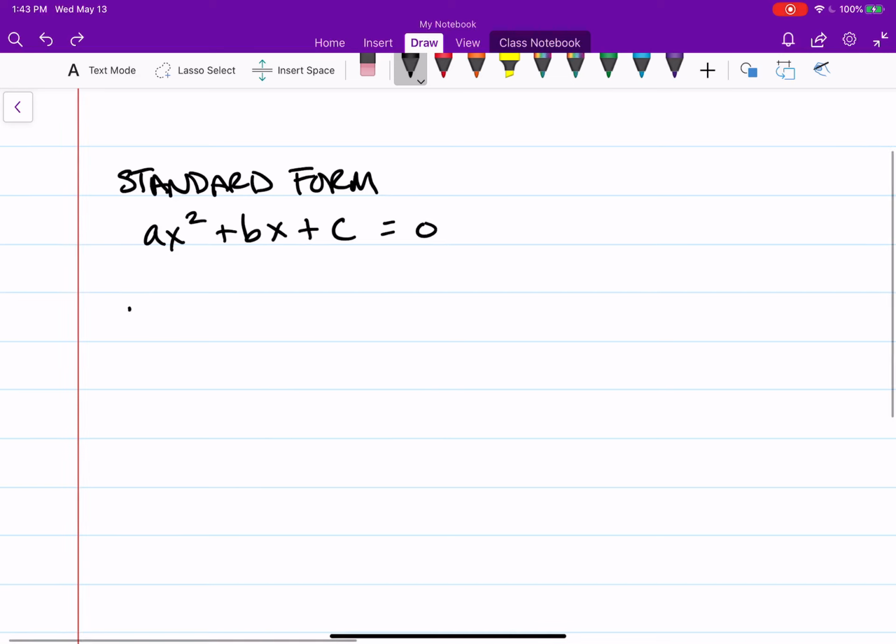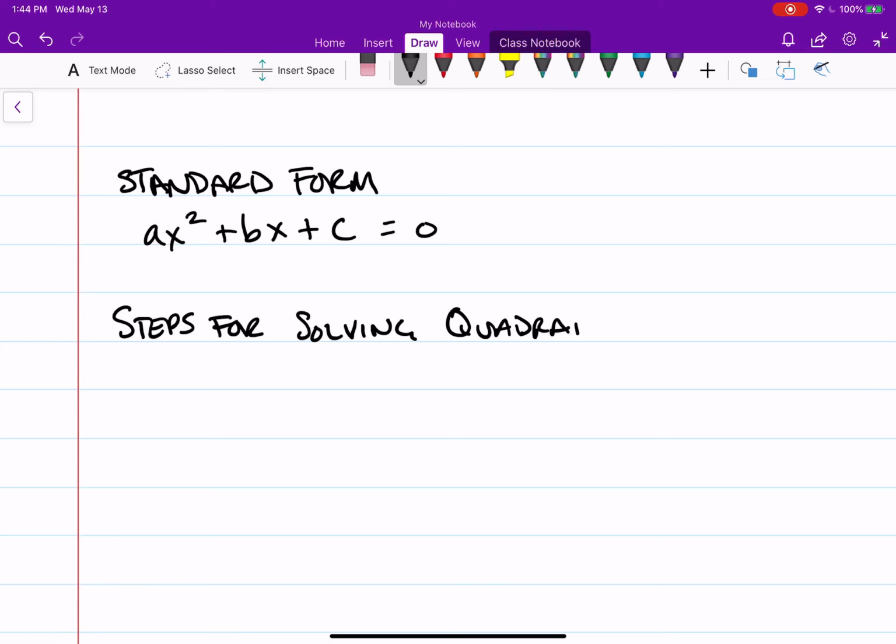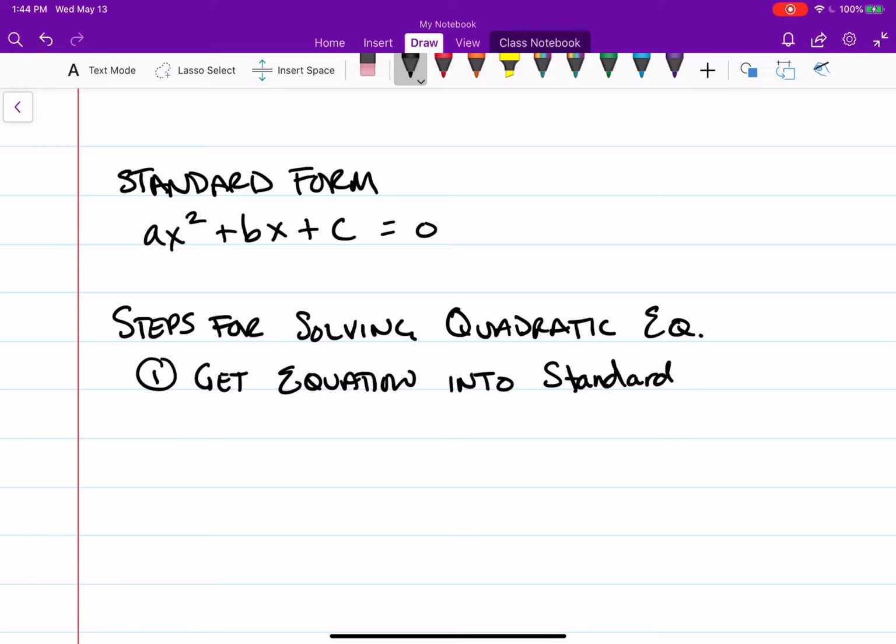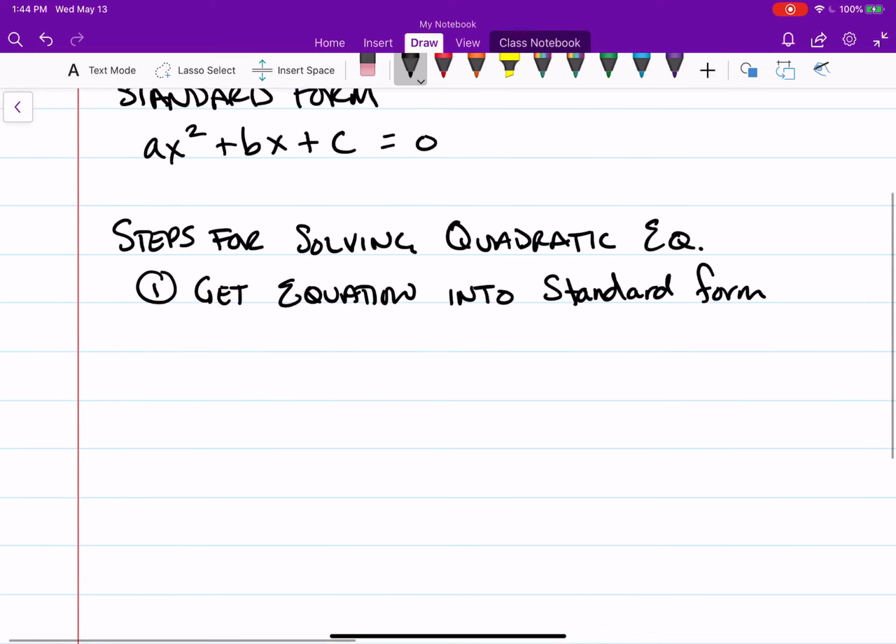Okay, so steps for solving quadratic equations. Okay, so here we go. Number one, get the equation into standard form.